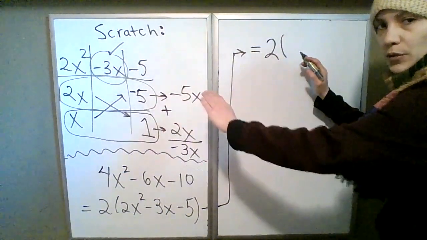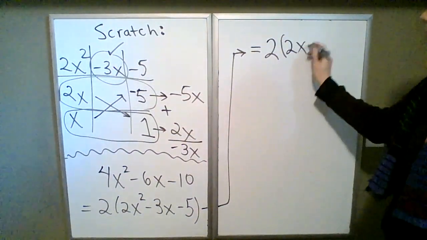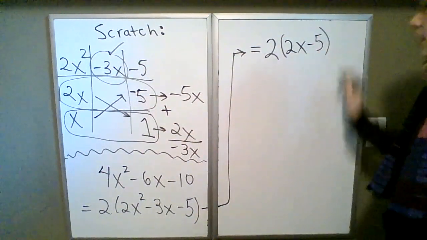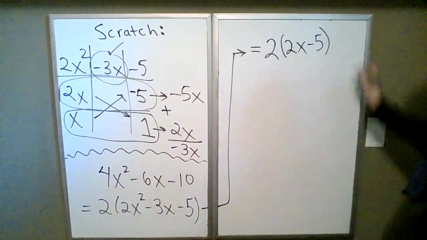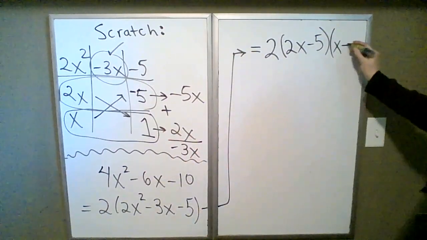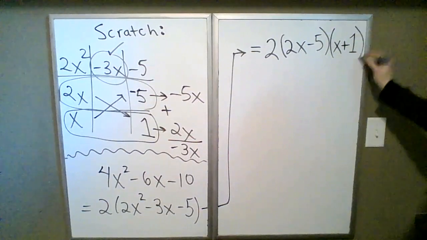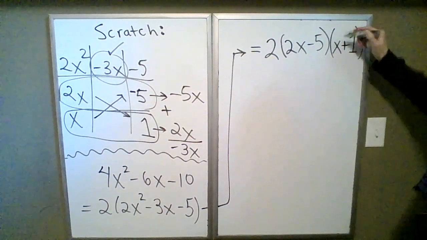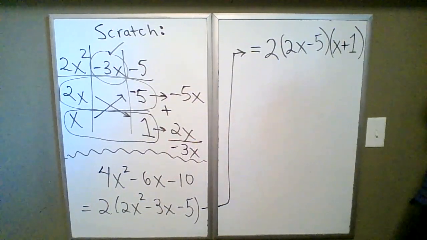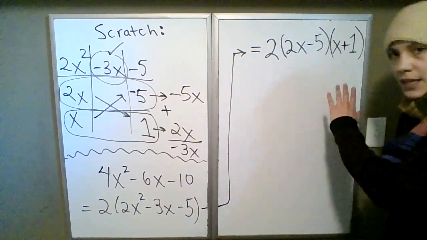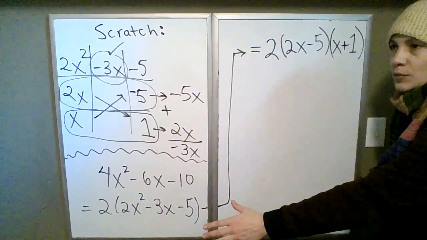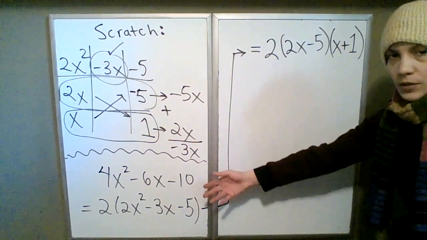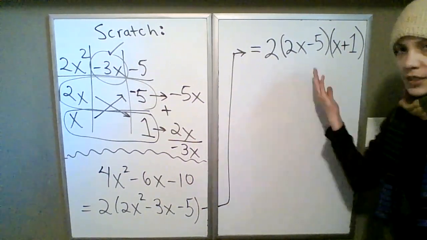So you take the top row, multiply with the bottom row. And then that's your quadratic expression fully factored.